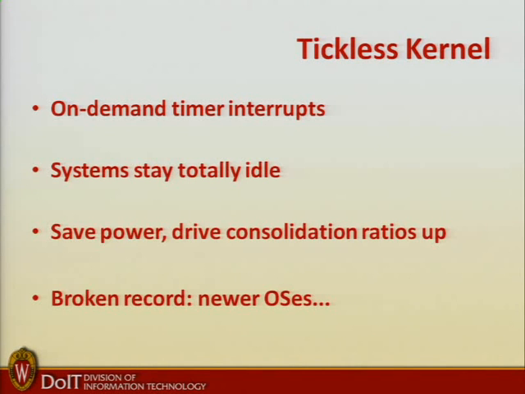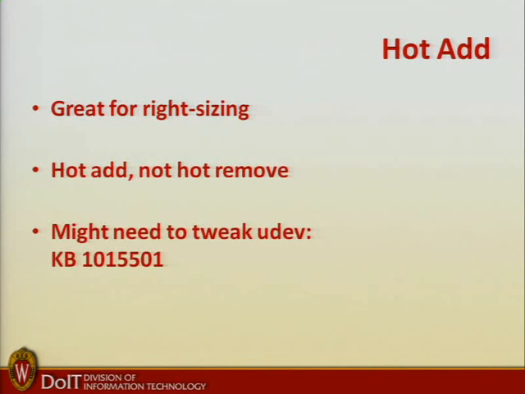Well, in a VM, you're saving CPU. So the more CPU we save, the more VMs we can cram on a physical host. That drives consolidation ratios up, no big deal there. Broken record, I point out that I'm going to keep saying use a newer OS.